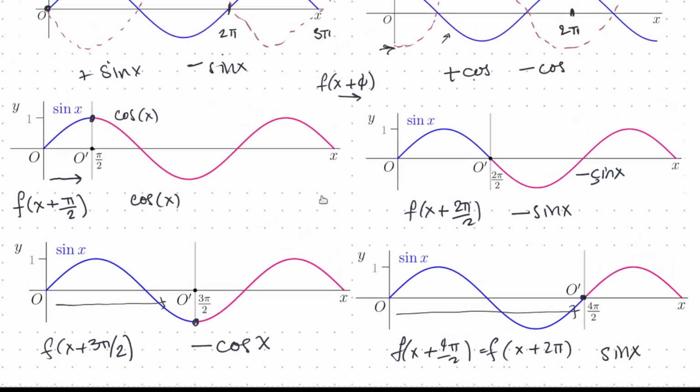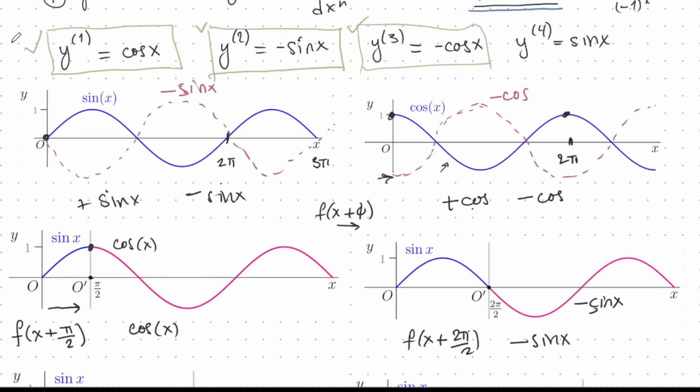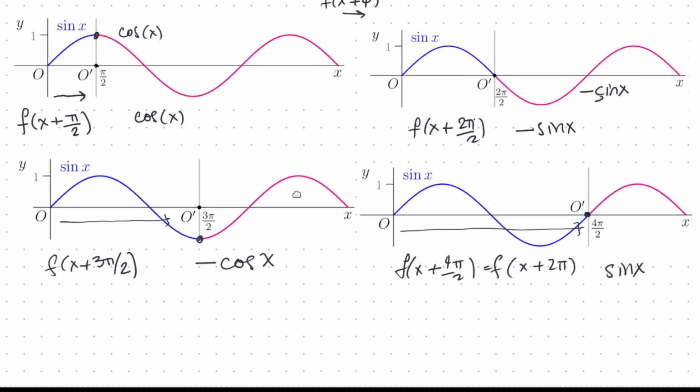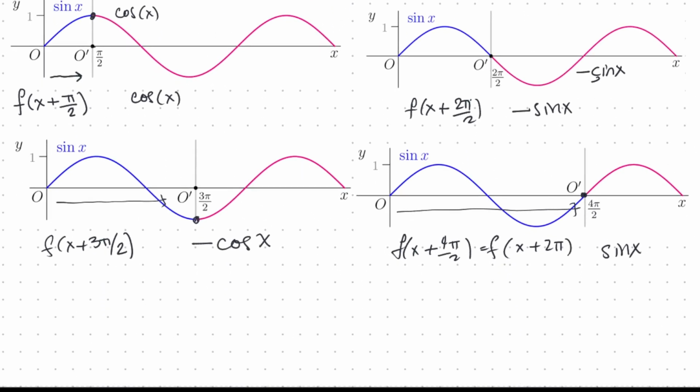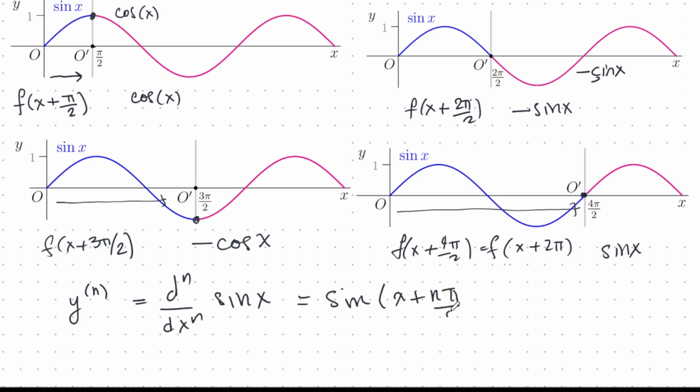And let's compare to the derivatives, and yes, we have it here. So we've done all of them, and we've seen how it works now. There are no other possibilities. We see then that the nth derivative of sine x, d^n by dx^n, looking at these results, is clearly sine of x plus n pi over 2.